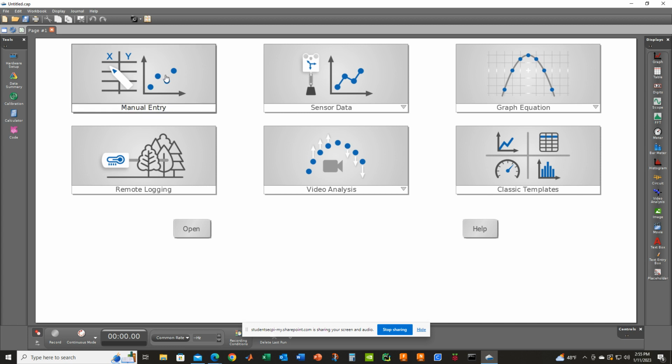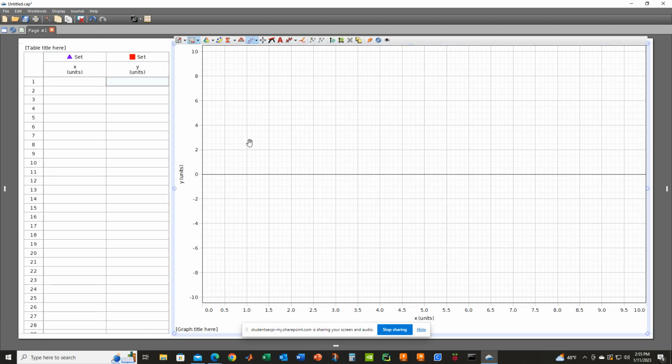The first thing I want to do, you see that we have a table there, I want to use manual entry. So I'm going to select manual entry, and we are going to need to do a few things here. We're given a mass in milligrams, so we need to convert that to grams.